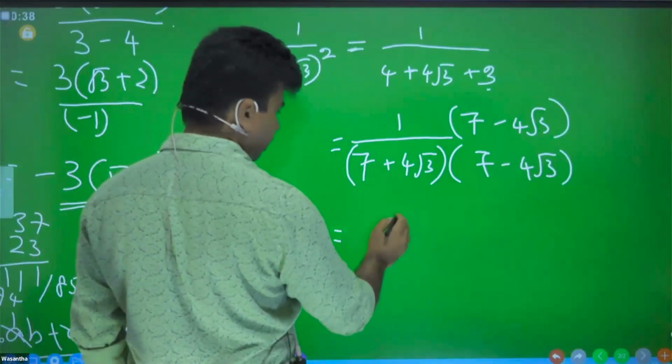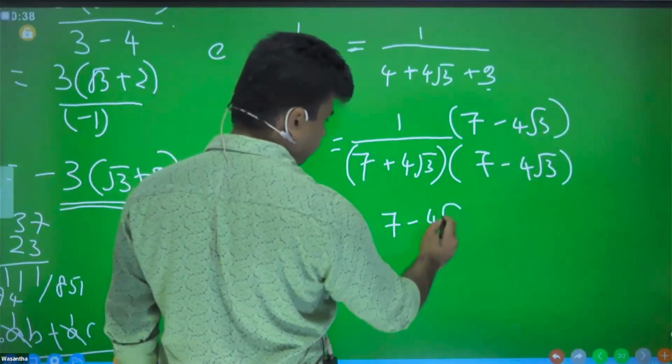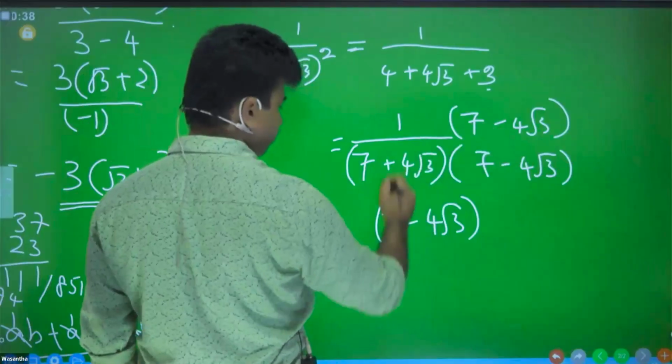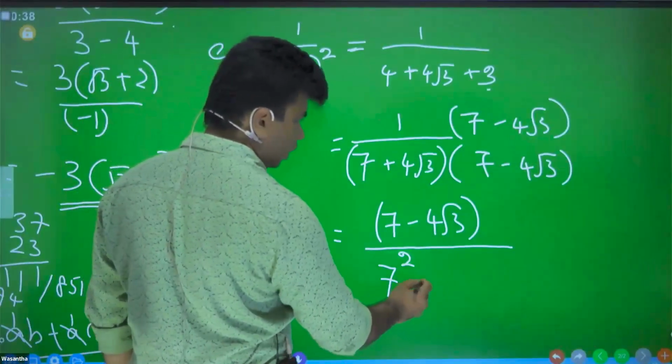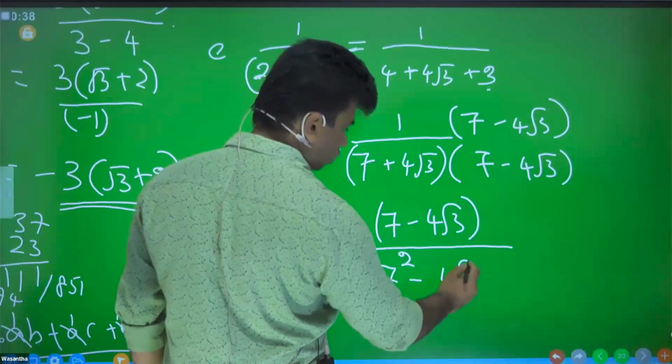Then we can see that the numerator is 7 minus 4 root 3, divided by 7 squared minus 4 root 3 squared.